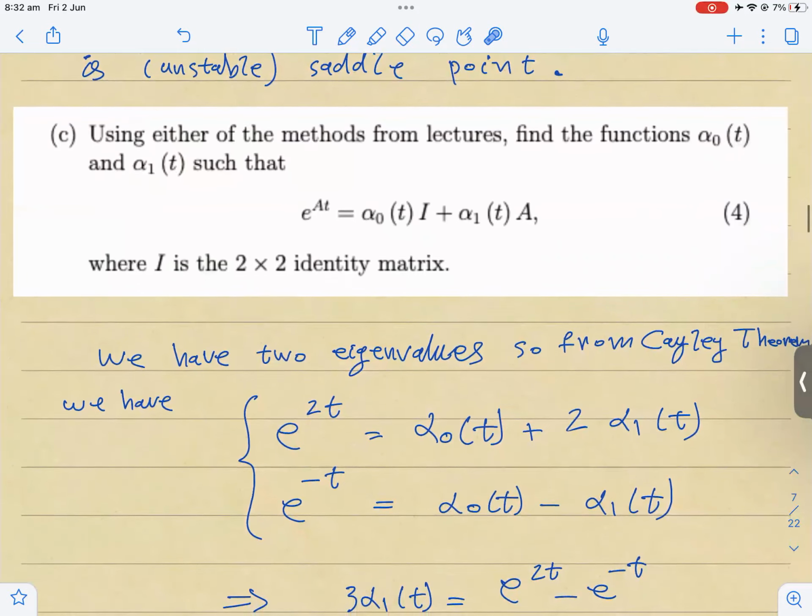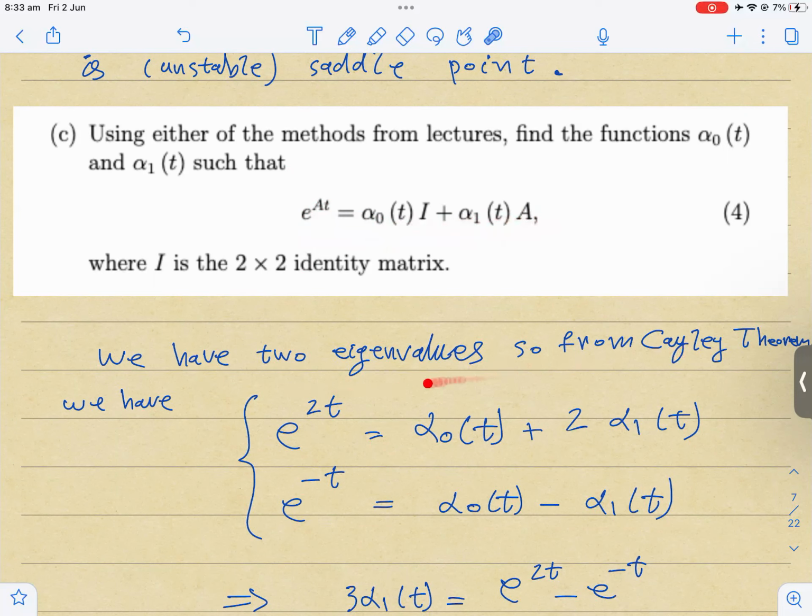But if you don't like that method, we can use Cayley-Hamilton. The Cayley-Hamilton theorem tells us that the exponential of At is like this, but instead of the matrix A, you can substitute the eigenvalue.